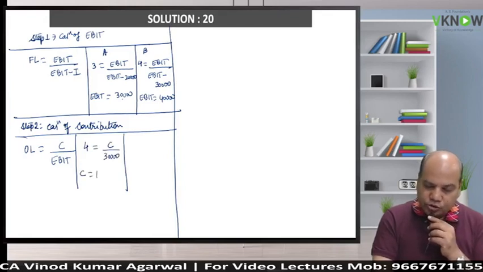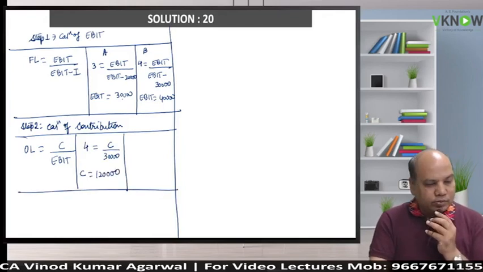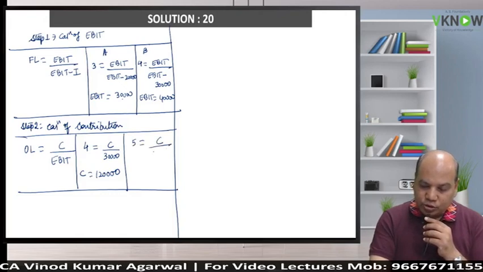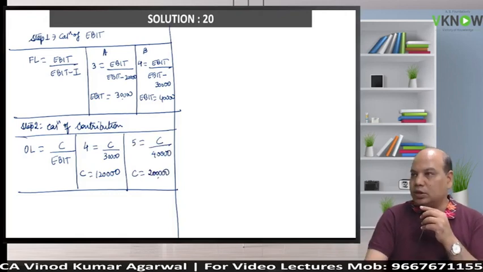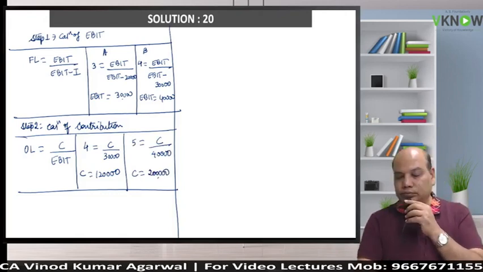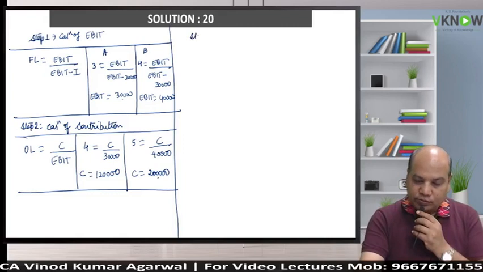So contribution of A Limited is 1,20,000. Second firm, 5 is equal to contribution upon 40,000. So contribution is 2 lakh. I think you must have done up to this. Yes, this was also an exam question some years back.